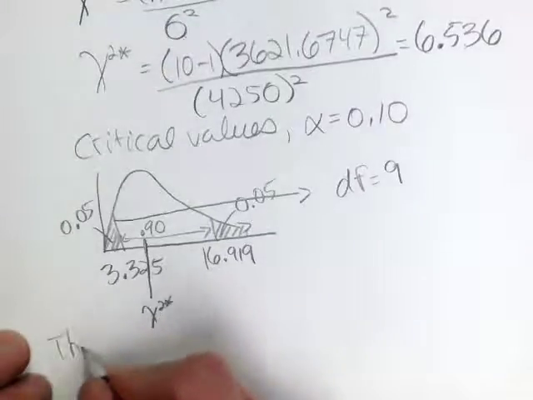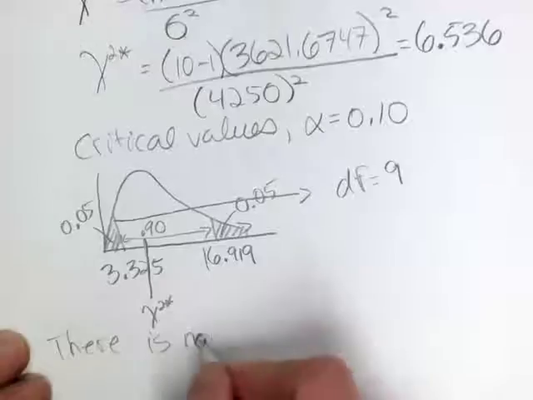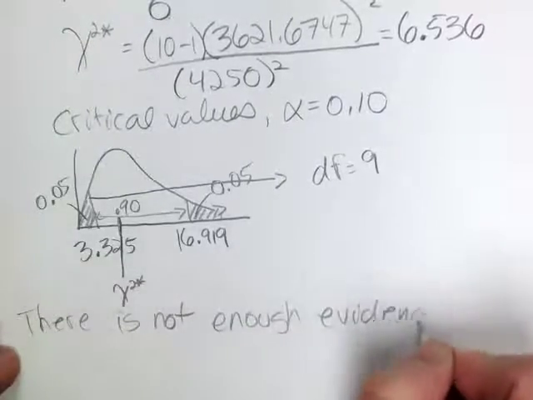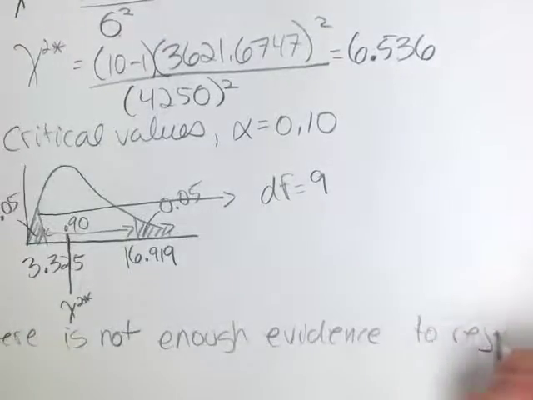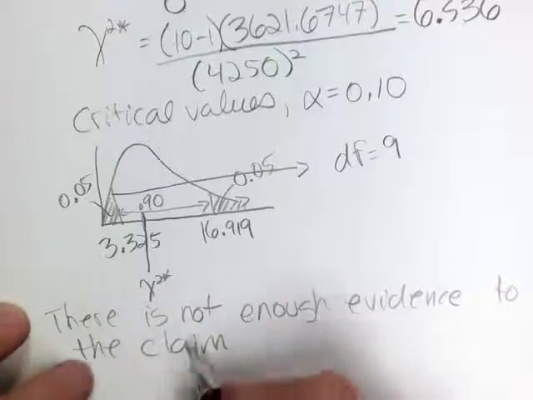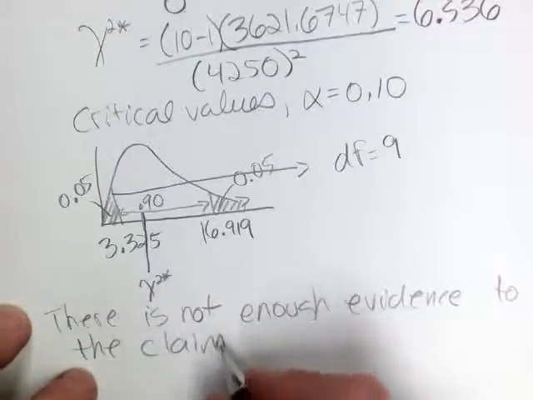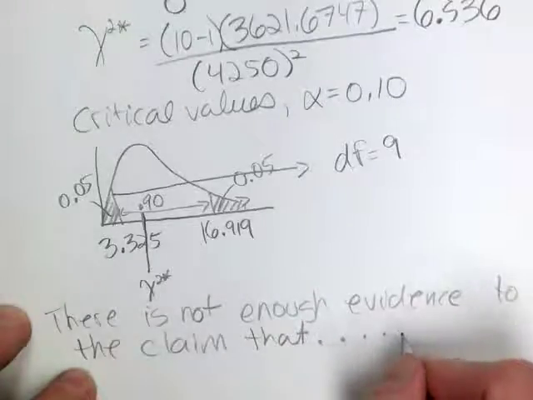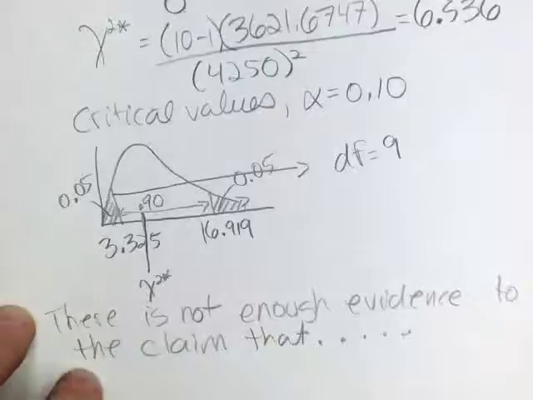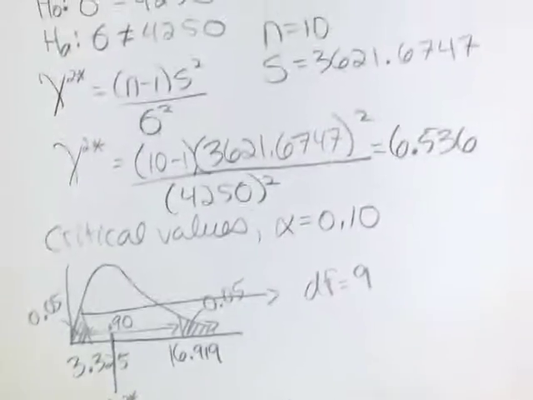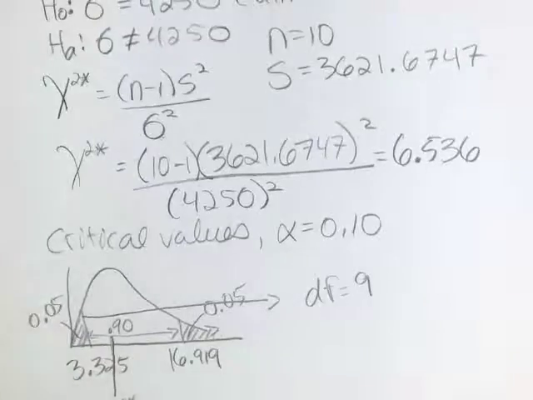Okay, so there is not enough evidence to reject the claim. And then you could write the claim here. Okay, so there is not enough evidence to reject the claim that the standard deviation of the salaries is 4,250. Okay, so in the next video, I go ahead and do this in StatCrunch, and I get that p-value.